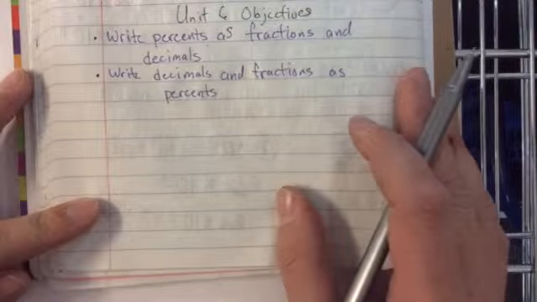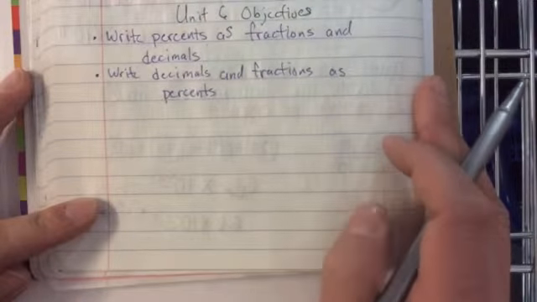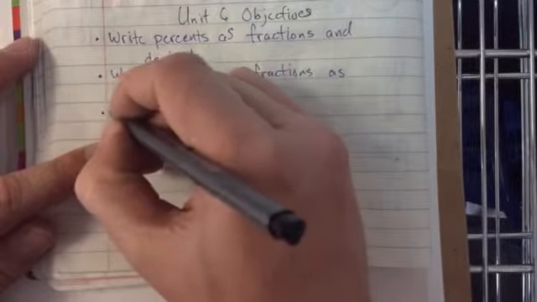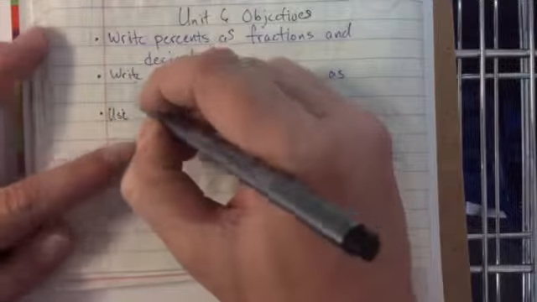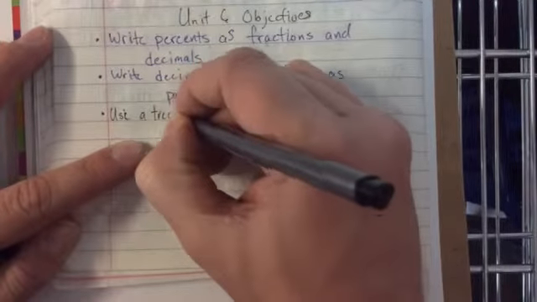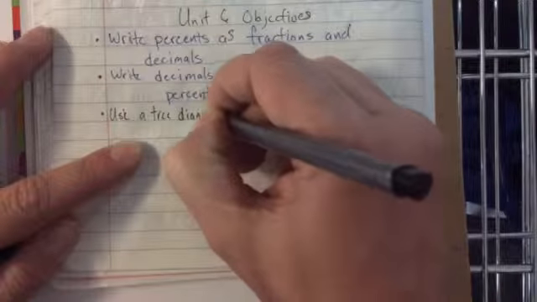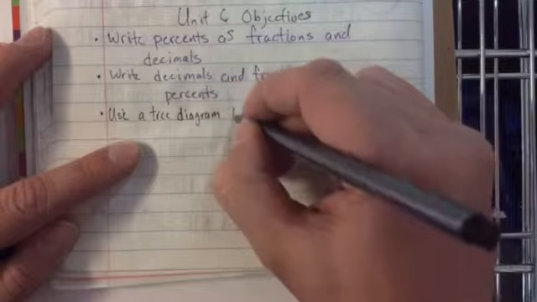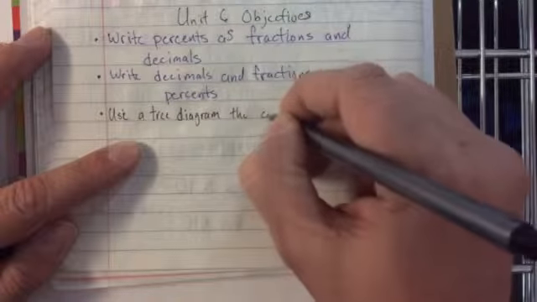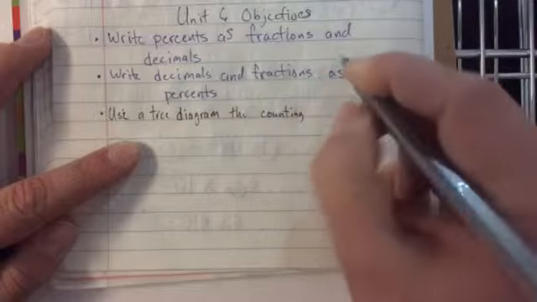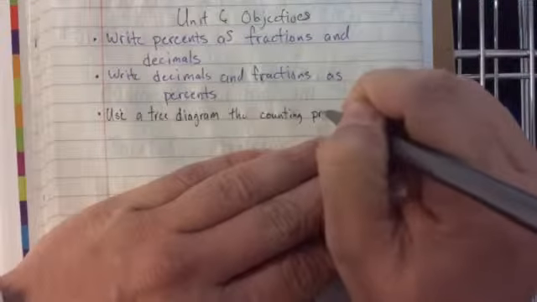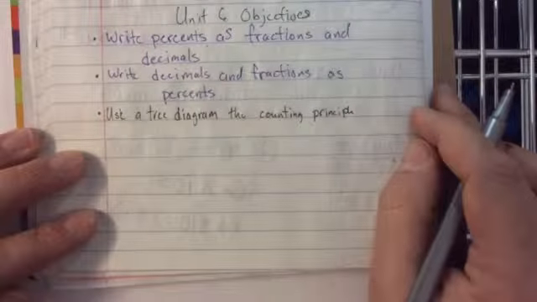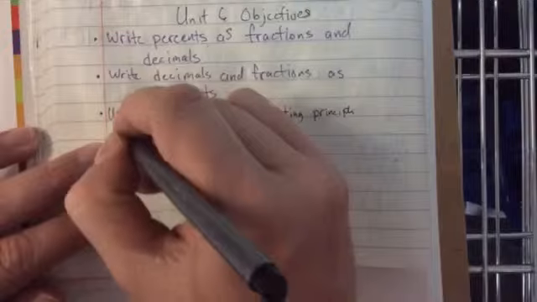Today we're going to talk about using a tree diagram and the counting principle to count possible choices.